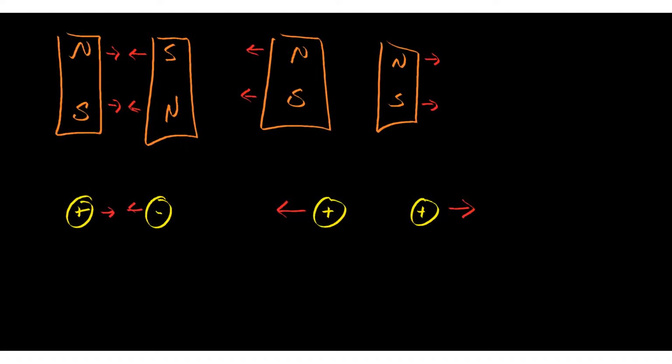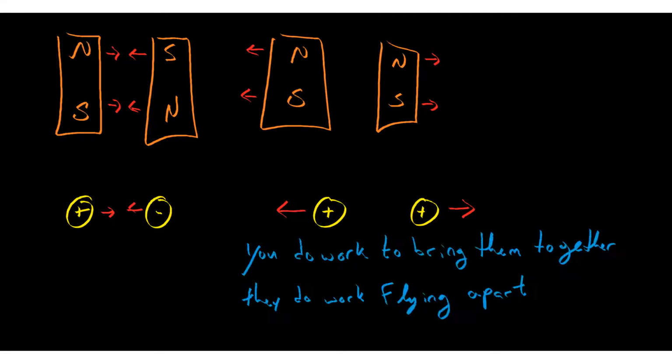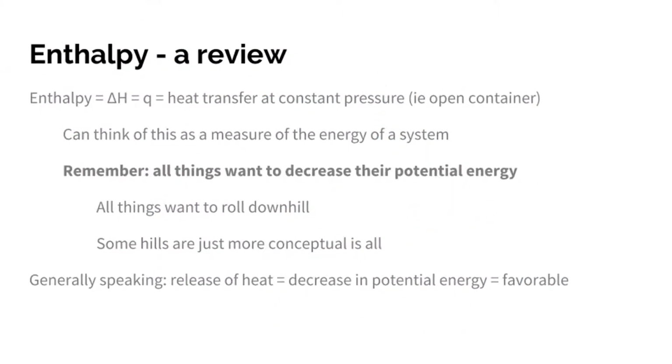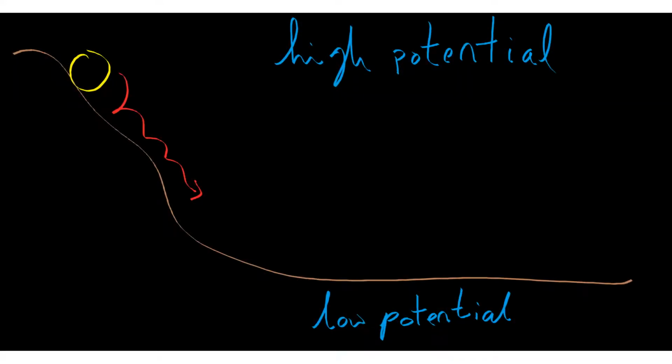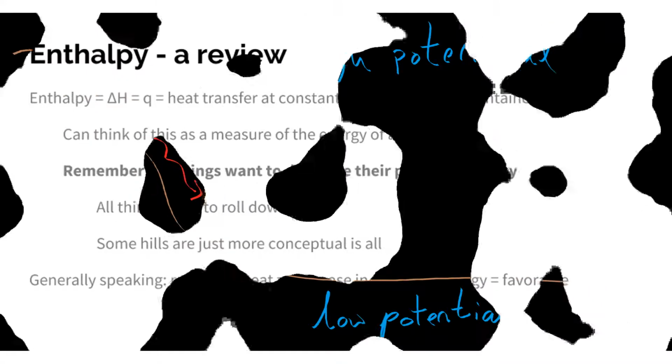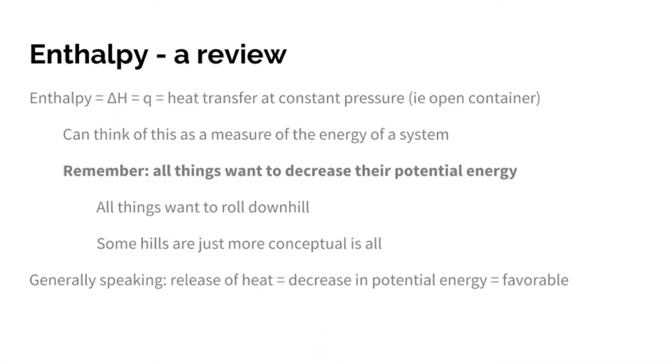To bring two positively charged particles close together is to increase their potential energy. You have to do work to bring them together. Whereas if you let them go, they fly apart, like charges repel, and they do work moving away from one another. So everything wants to roll downhill, even if it's a conceptual hill, an electric hill instead of a hill made out of dirt. Okay?